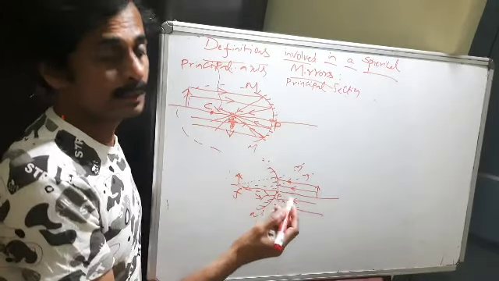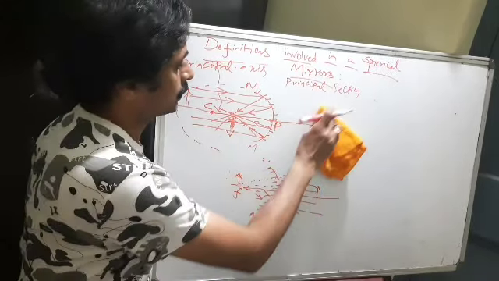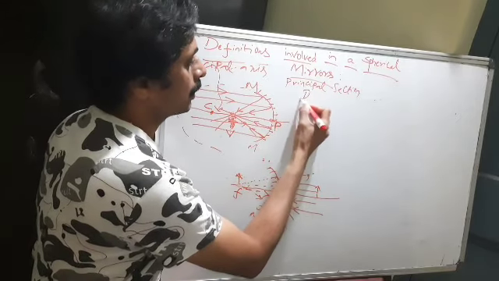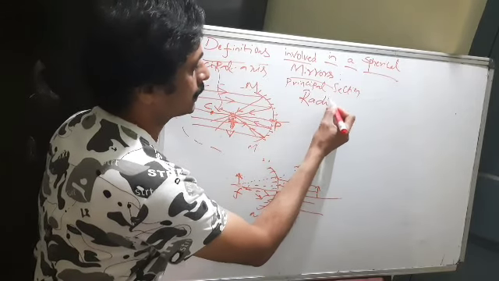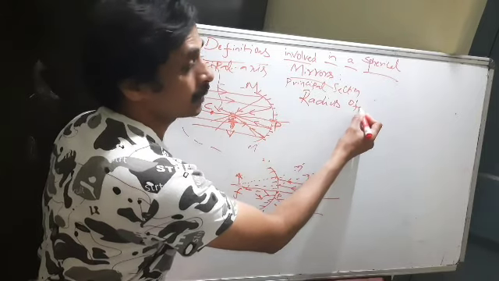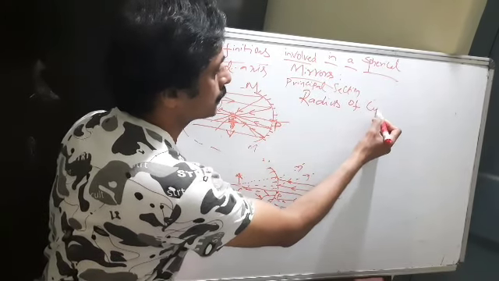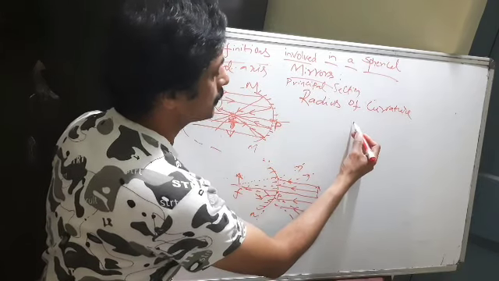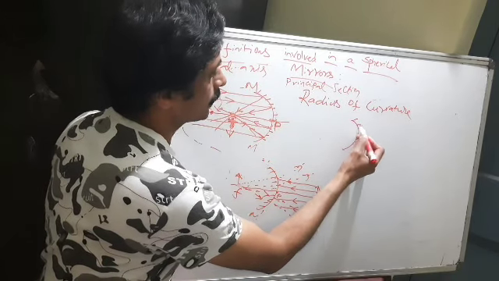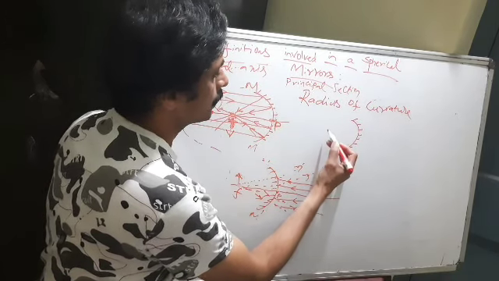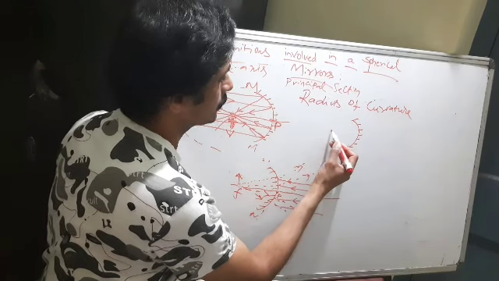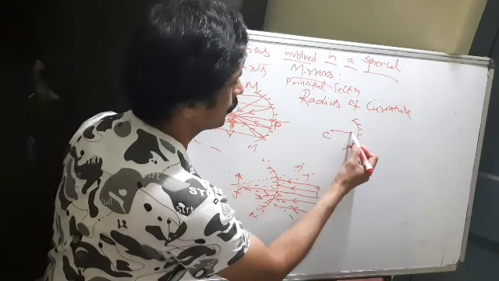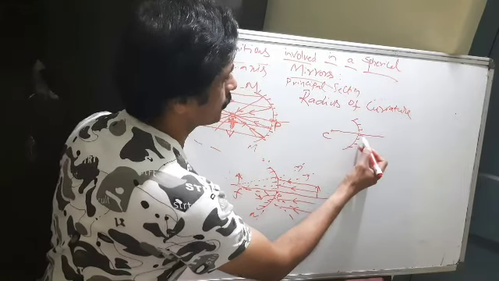One more definition we left actually. The definition is radius of curvature. Let me draw a concave mirror like this. Let us take center C. Then this is the principal axis.